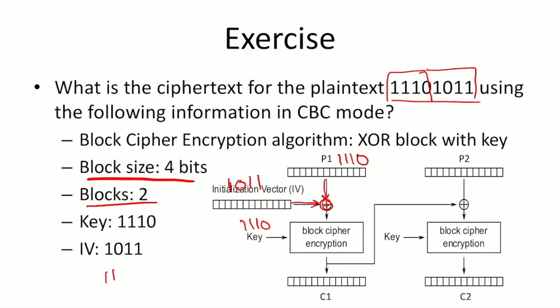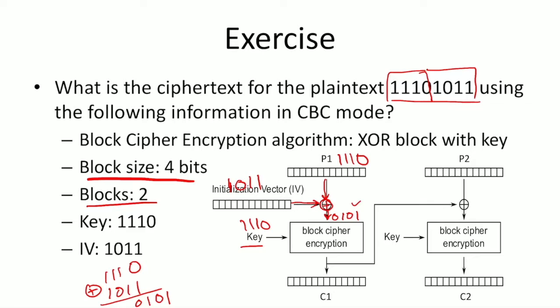So I'm going to use the space right here to XOR these two. So we get 0, 1, 0, 1. This is the output of this XOR function. Now we're going to take this key and the block cipher encryption algorithm to encrypt this output.